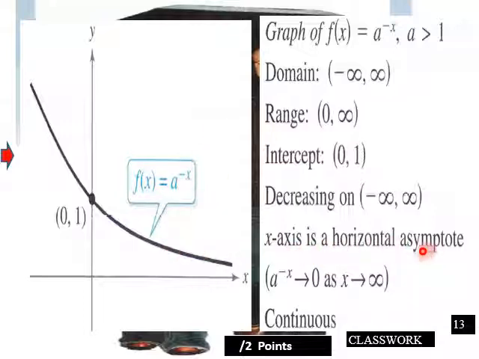The x-axis is your horizontal asymptote, and a to the negative x approaches 0 as x approaches infinity. Just saying that as you go further this way, your a to the negative x value decreases, and it is continuous.